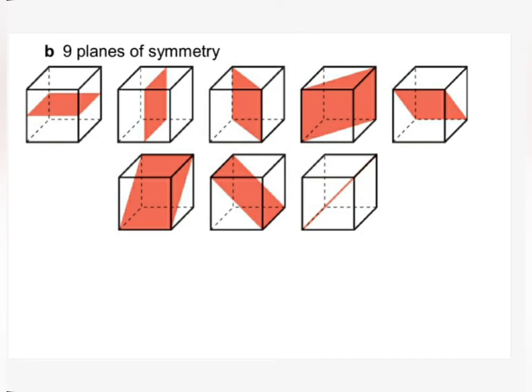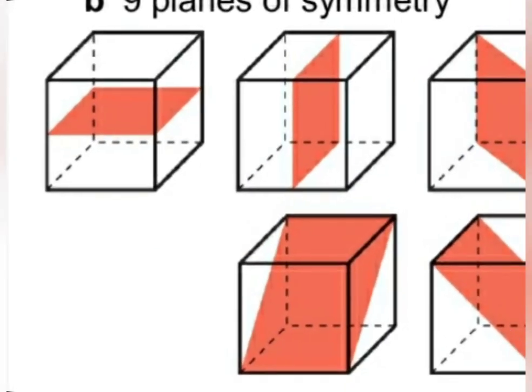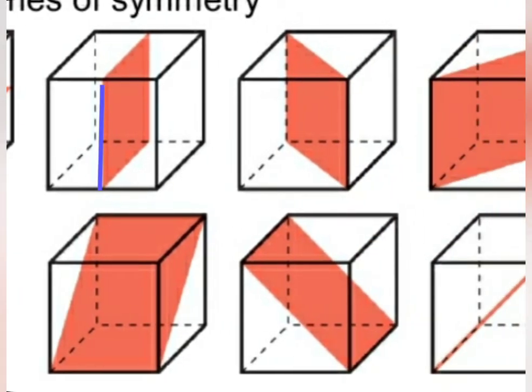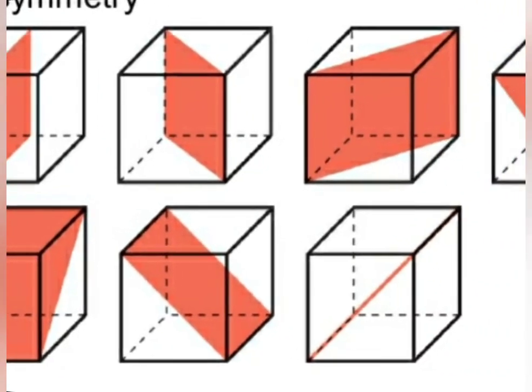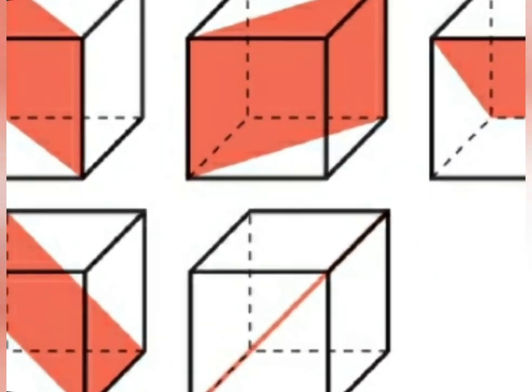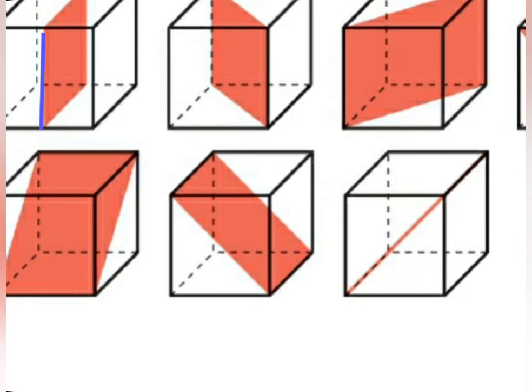Now for the cube, as we said, we have the ones in front. Here we have 1, 2, 1, 2, and then 3 and 4. These ones are from the front.